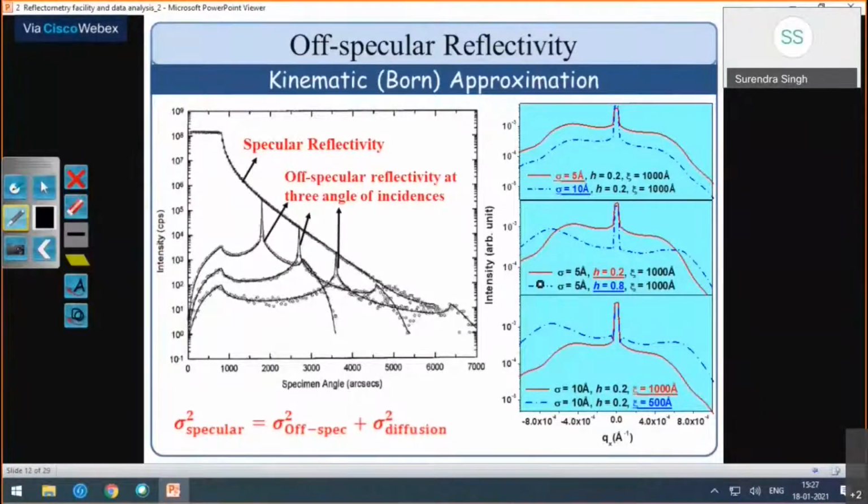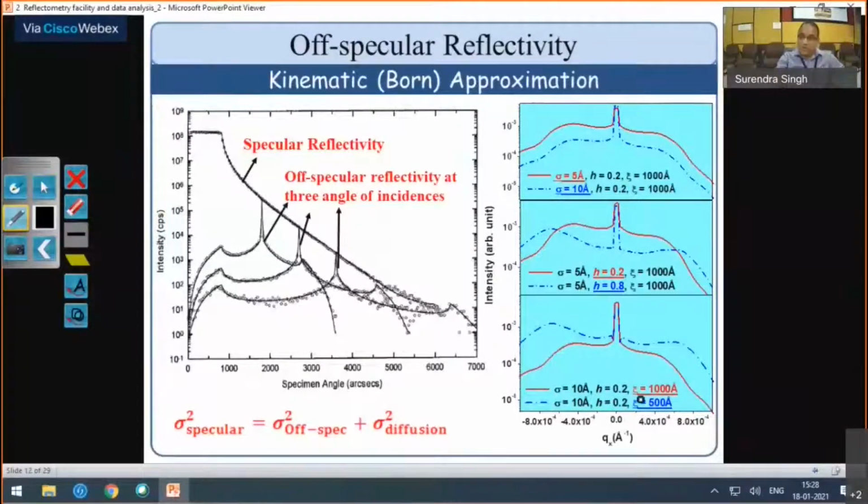This gives us the relation: the different sigma obtained from specular and off-specular reflectivity are related.